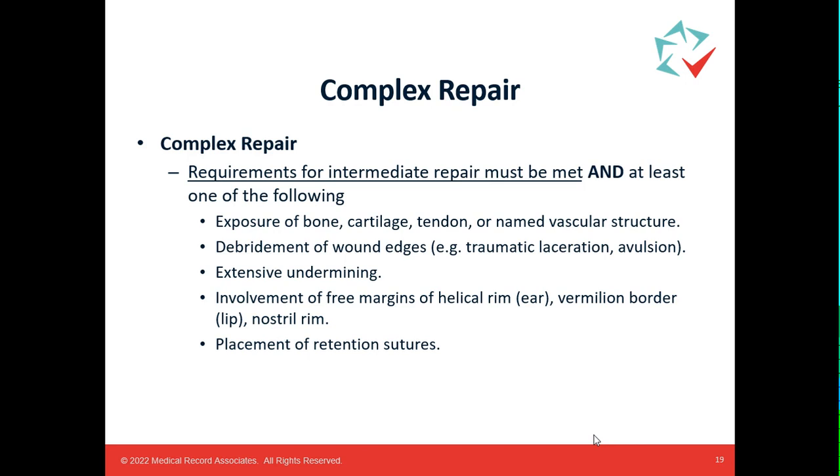Extensive undermining: limited undermining is included with intermediate repair, but for complex repair, we have to see extensive undermining. Complex repair also includes repair which involves the free margins of the helical rim, the vermilion border, or the nostril rim. And complex repair also includes placement of retention sutures. Let's look a little bit closer at some of these definitions.